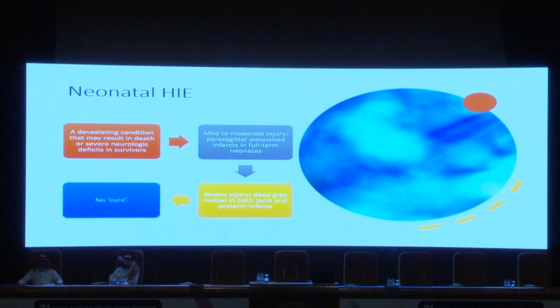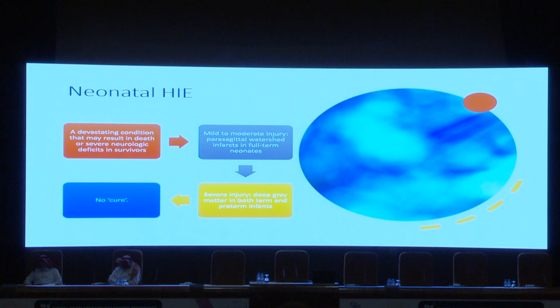It can cause bleeds in preterm neonates as well as term neonates. Severe injury causes deep gray matter injury in both term and preterm infants, and unfortunately there is no cure for the ischemic injury that happens due to decreased blood flow to the fetus before or during birth. But there are ways to prevent the complications or reduce them.